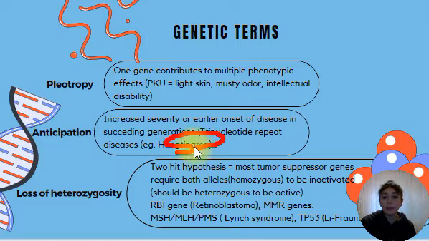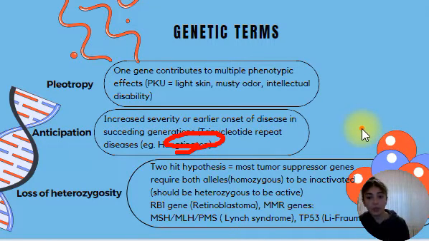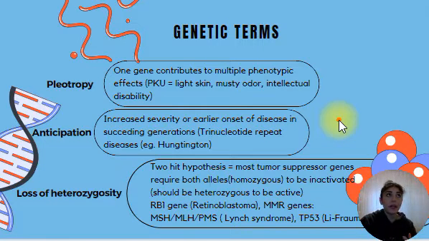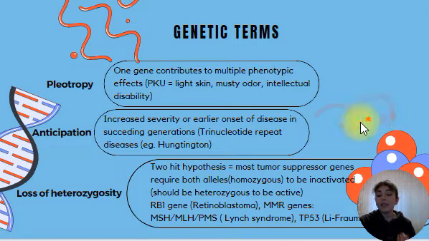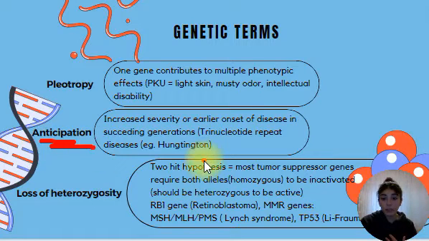So one patient will have Huntington symptoms in his 60s, then his son will have it in his 50s, then his grandson will have it in his 30s. And severity can even worsen in those succeeding generations, right? This is called anticipation.